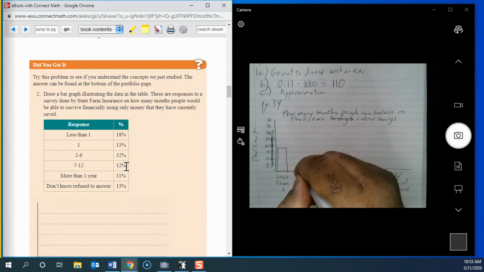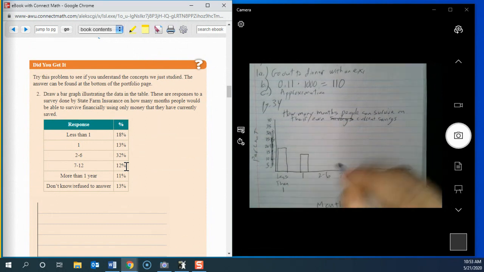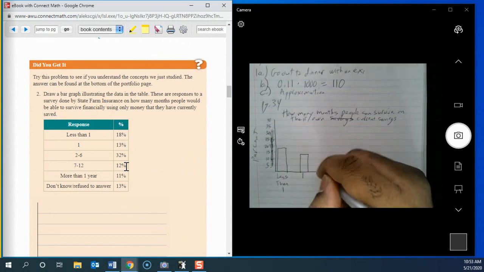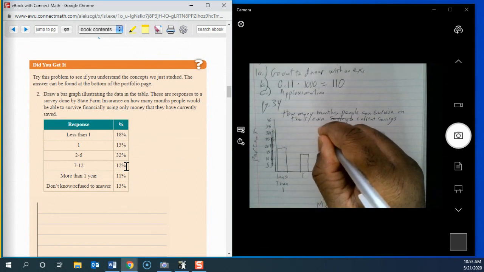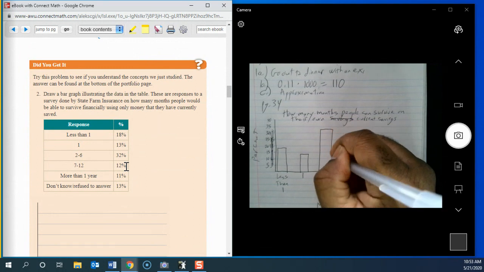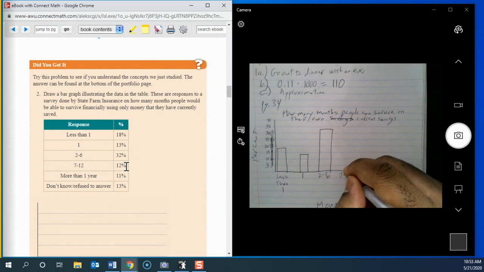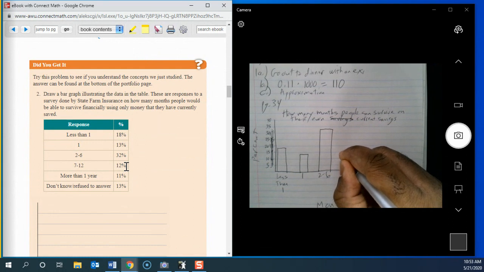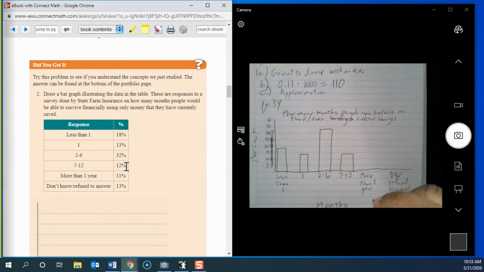So we know that'll be in between 10 and 15. And then 2 to 6 would be 32. So that would take us almost in the middle of 30 and 35. 7 to 12 would be 12%, which is a little bit above 10. We're almost halfway between 10 and 15. Then more than a year is 11, so it'll be slightly above 10.